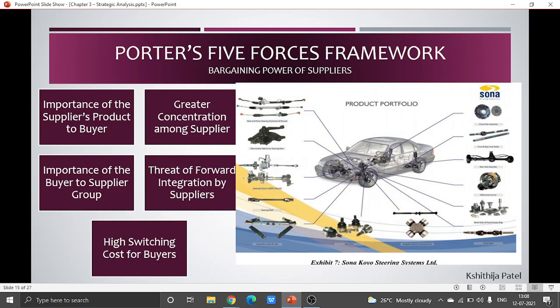Then we have threats of forward integration by suppliers. This is a situation where the suppliers are capable of moving up the value chain, and they may think of doing a business that their buyers are already into. It puts the buyers in a disadvantageous situation.